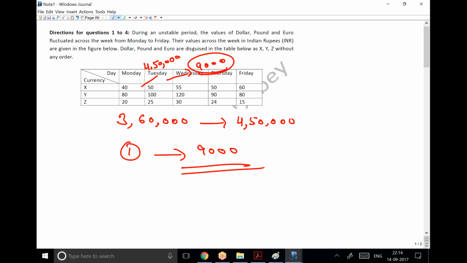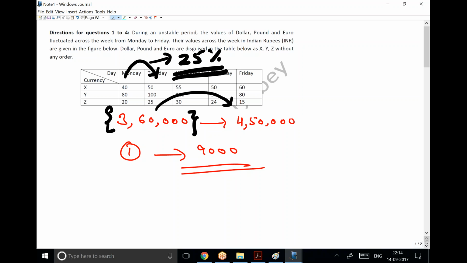What exactly have I done? Because this question is easy, we should not worry about which one is representing pound and which one is representing dollar. Whatever it is representing, ultimately that amount will increase by 25%. When we invest 3,60,000, it will increase by 25% and become 4,50,000.